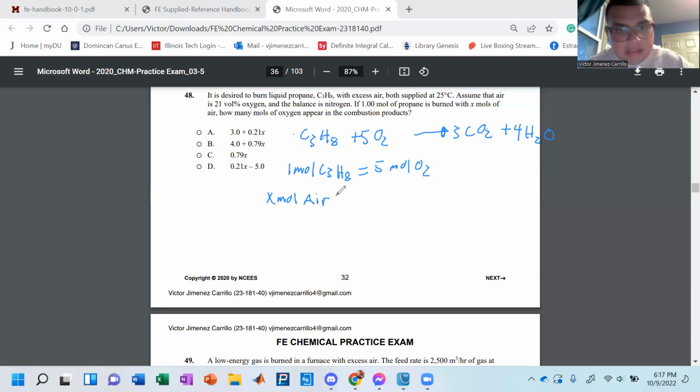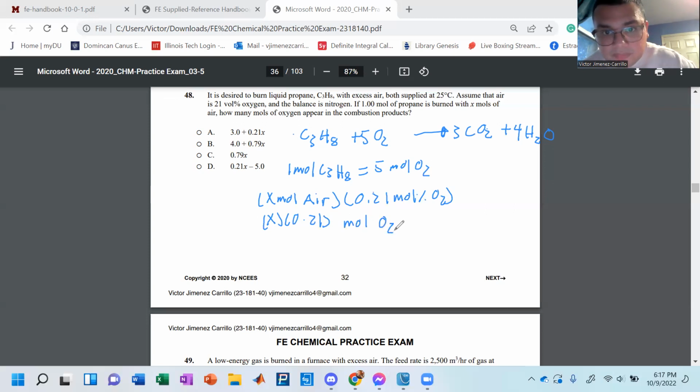So you have to multiply this whole thing by 0.21 mole percent of O2. Now, this is going to give you X times 0.21. This is your moles of O2 starting material.